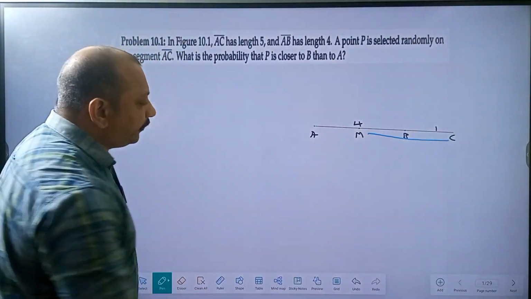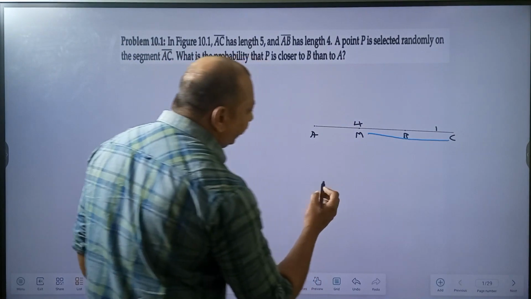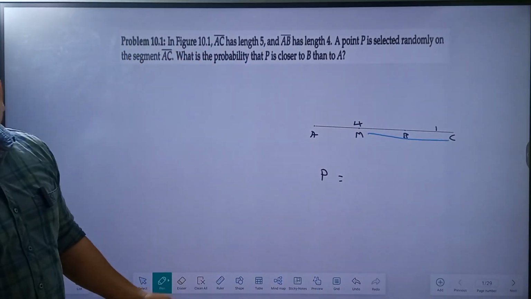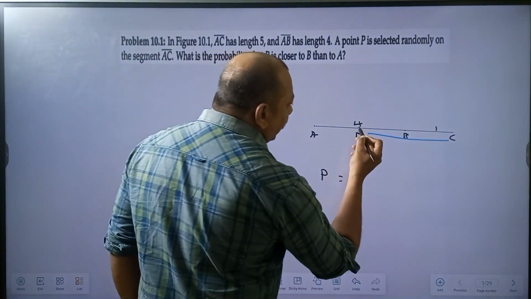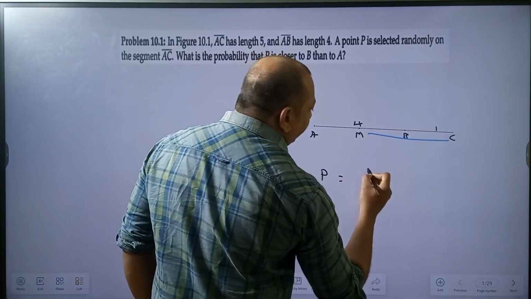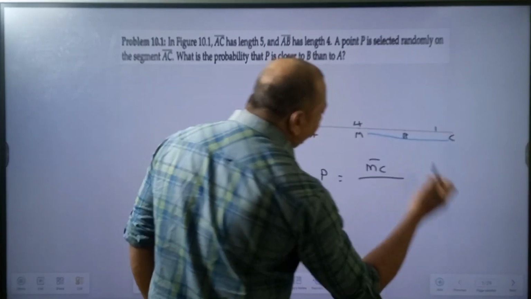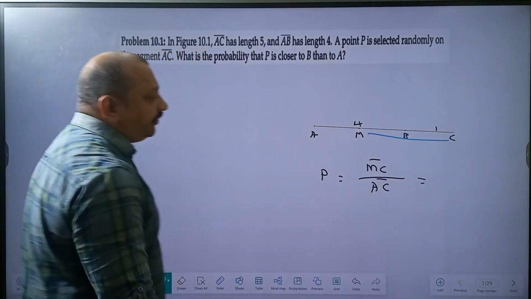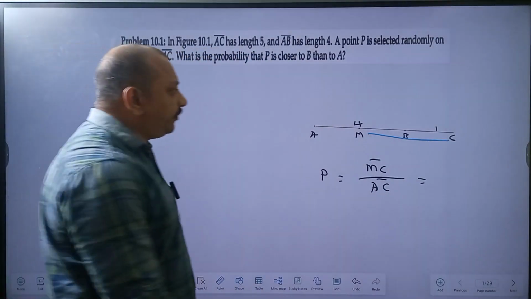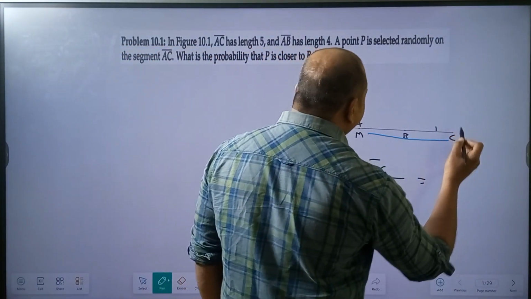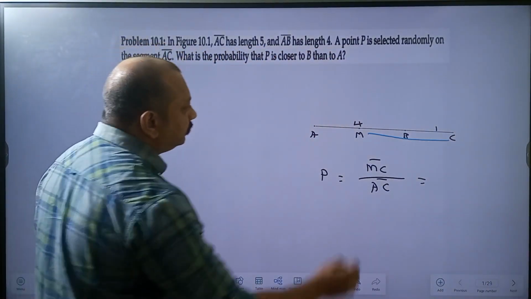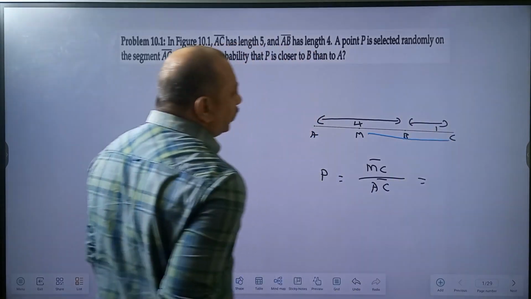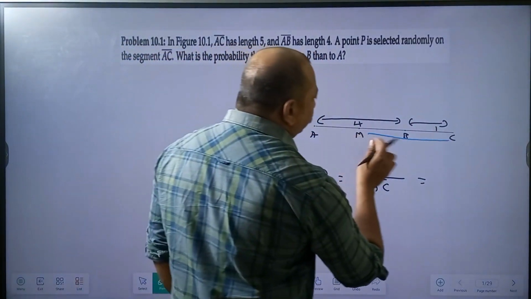So the required probability is simply the successful region divided by the total region. The successful region is from M to C, the length of segment MC, divided by the total region AC.